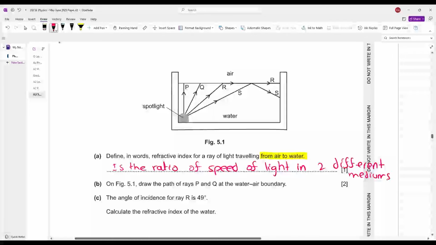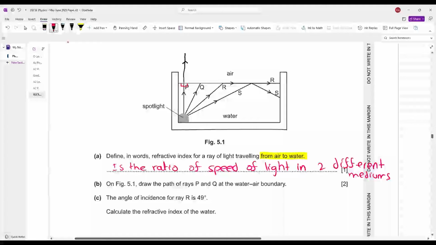आगे बढ़ते हैं. On figure 5.1, draw the path of rays P and Q at the water air boundary. Can you realize P is striking the boundary at a 90-degree angle? If your ray strikes the boundary at a 90-degree angle, it will pass undeflected without any direction change like this.